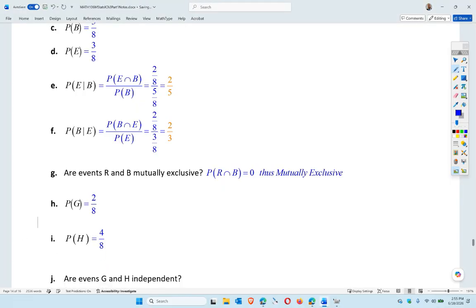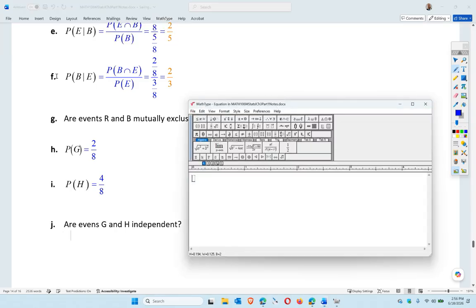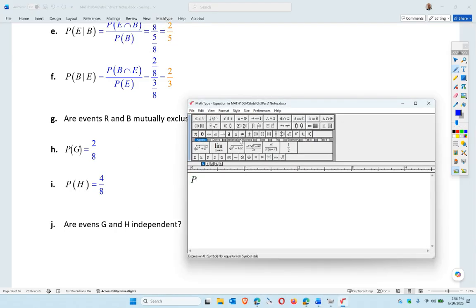Good deal. All right, so what's our last question here? Are G and H independent? Okay, so to do some math here, right? So we have the probability of G times the probability of H, right?